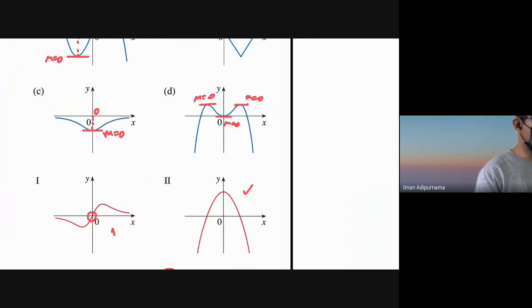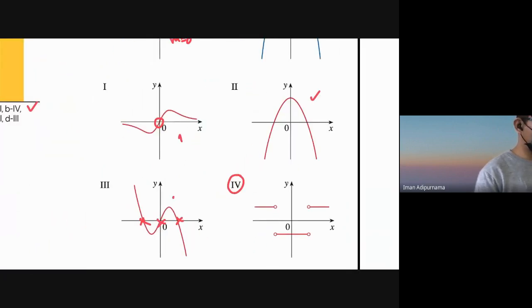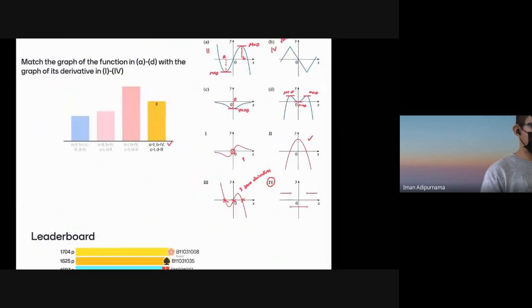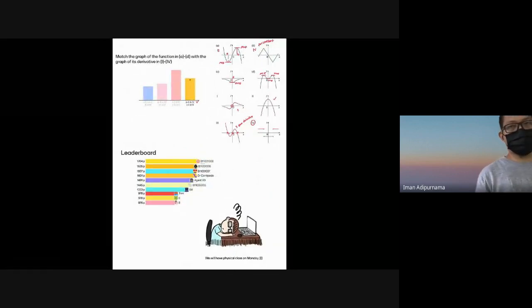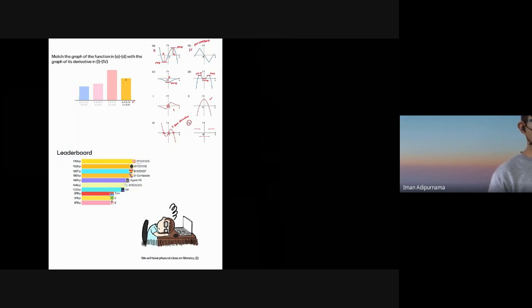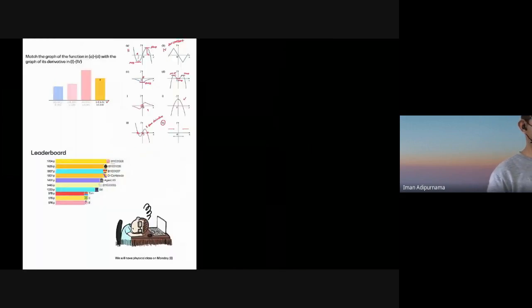This one has 3, 0. This also has 3, 3, 3, 0. Okay, that's just a review for the last feedback time.